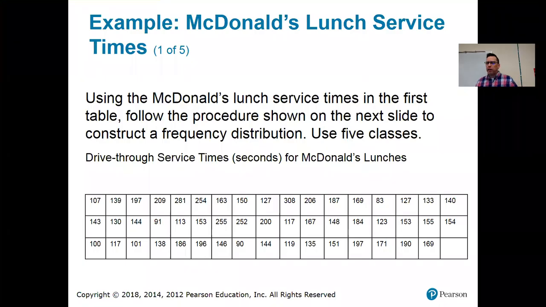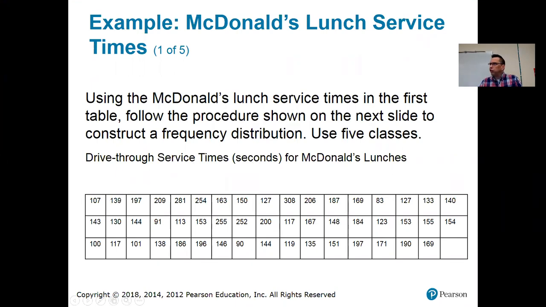All right, so here's our example. Using the McDonald's lunch service times in this table, follow the procedure that we just talked about to construct a frequency distribution. And they're telling me to use 5 classes. So these numbers that you see here represent the amount of time, in seconds, to get served in the McDonald's lunch line.